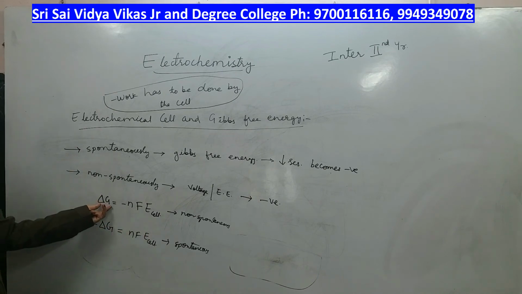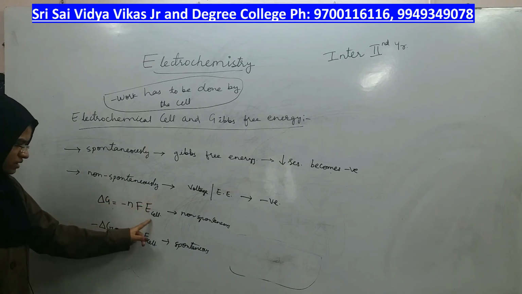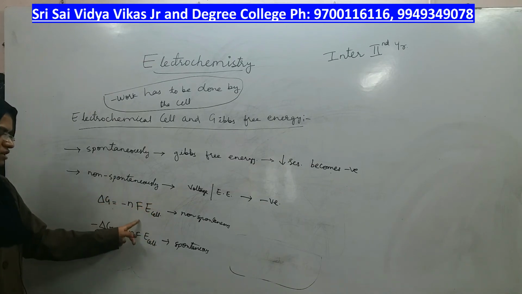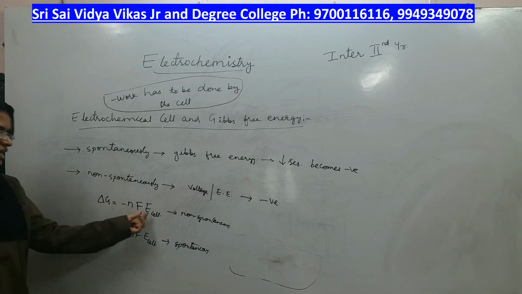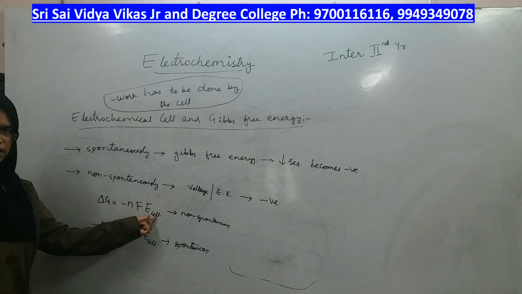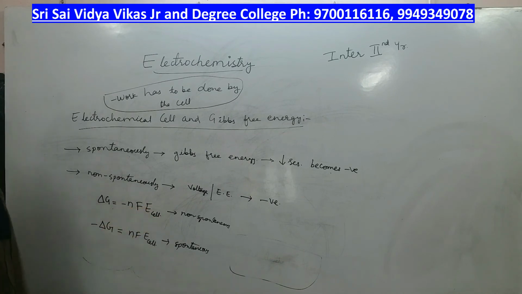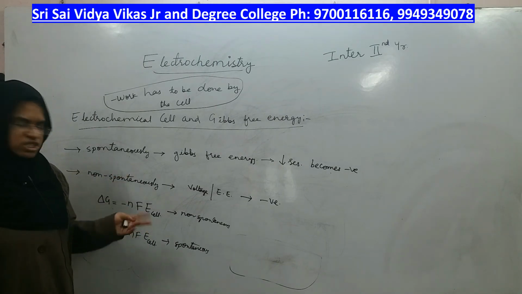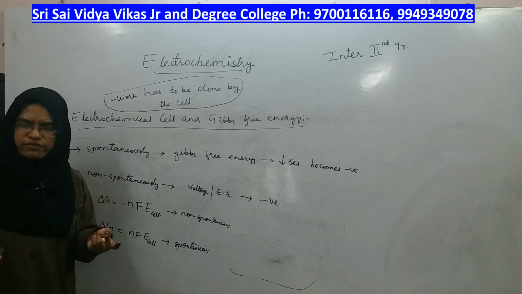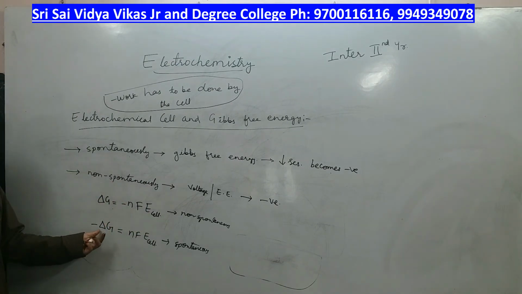If inside energy is not changing at all, work is done, you are giving electrical energy which is negative. So these are the two relations between Gibbs free energy and the electrochemical cell value or cell potential value. Both of them should be opposite to each other. You cannot have both of them positive or both of them negative. From outside if you are giving, inside will not change. From outside if you are not giving, inside will be used and it decreases.